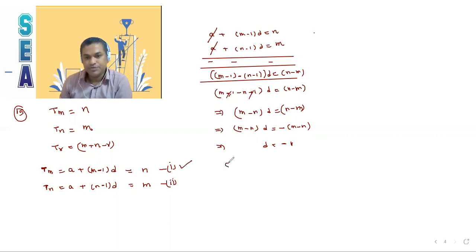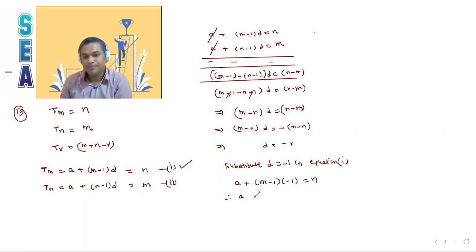So we got the value of d. Let's substitute d is equal to minus 1 in equation 1. So a plus m minus 1 into minus 1 is equal to n.